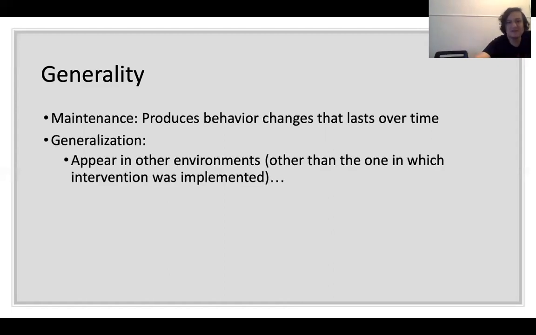It's different than generalization in a way, because whenever we talk about stimulus generalization, we're talking about a very specific context or concept: an individual emitting an untrained response in the presence of an untrained stimulus, just because the stimulus has similar features to another one.